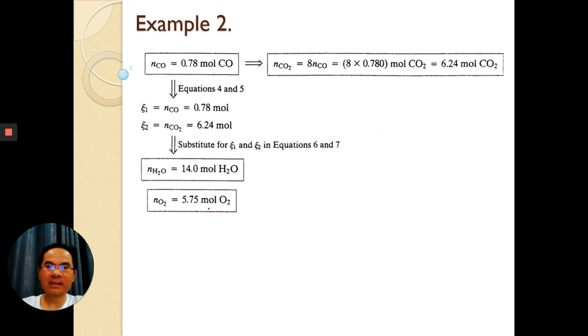If it's a complex reaction, multiple reactions, the atomic balance is preferred. And for a reversible reaction, the extent of reaction is preferred. But for all of these, you can use the three techniques.